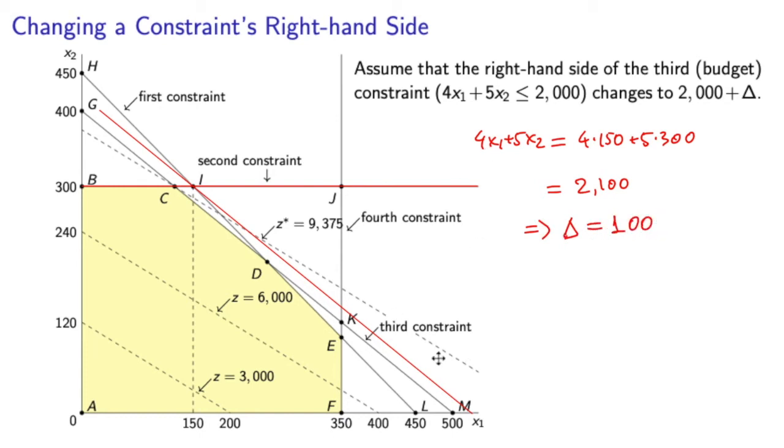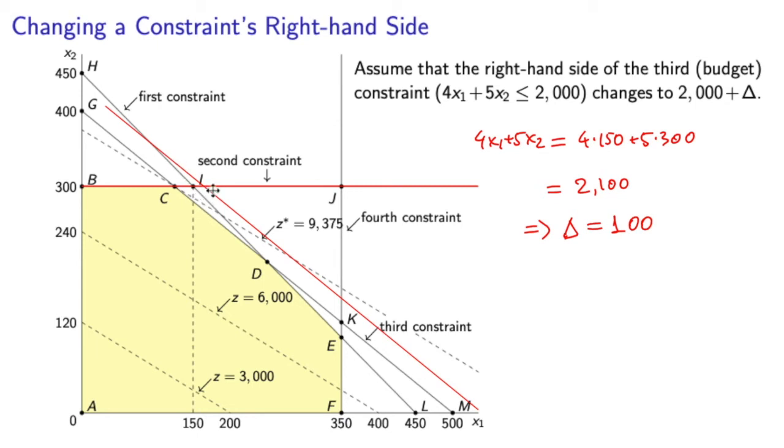And clearly, if we increase the right-hand side over 100, then this is what is gonna happen. So we will go to the right of the point I, and we can see that after that, the point C, which is on the intersection of the second and third constraint, is not gonna satisfy the first constraint anymore.